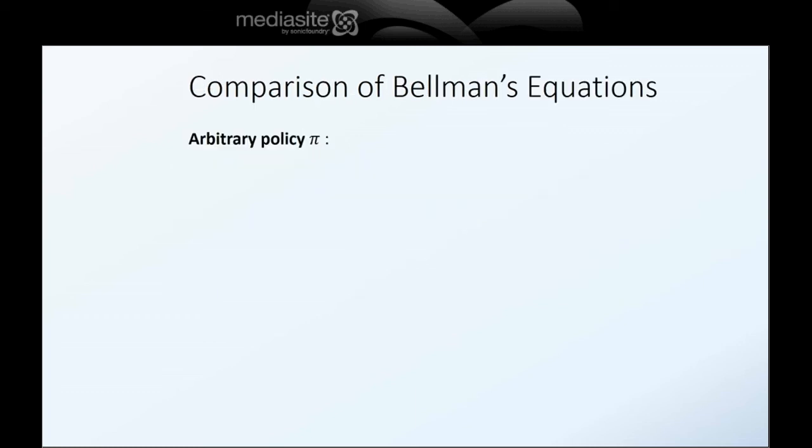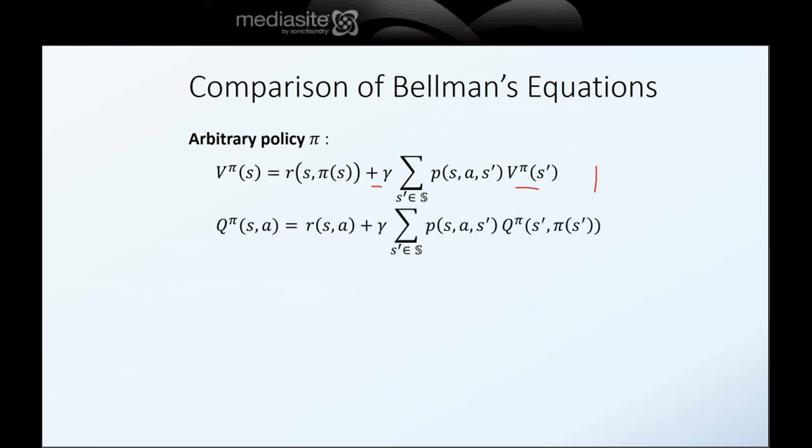So, a comparison of Bellman's equations. For any arbitrary policy pi, V pi S is R S pi S plus discount times the expected value of V pi S prime, where S prime is the next state. Again, for any arbitrary policy pi, Q pi SA is R SA.